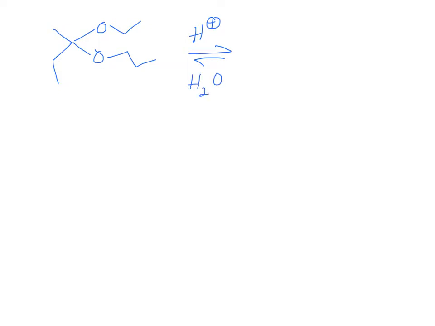So the first step is going to be protonation. It doesn't matter which one we pick. Now it's like having a reverse tetrahedral intermediate with a good leaving group. So if we have a tetrahedral intermediate with a good leaving group, we want to bring our lone pairs down to kick it out.